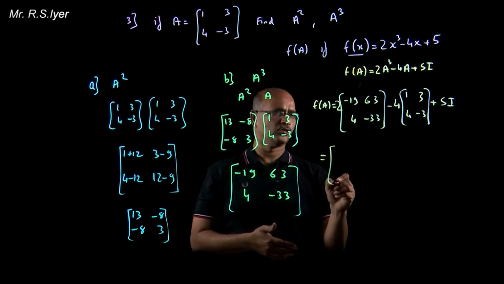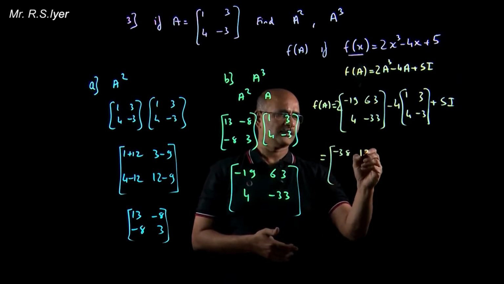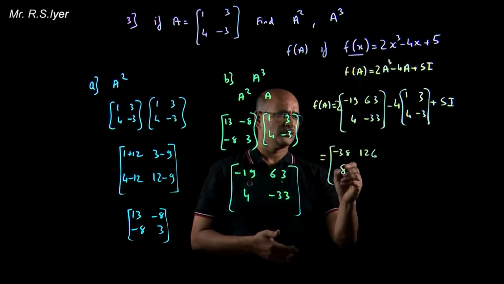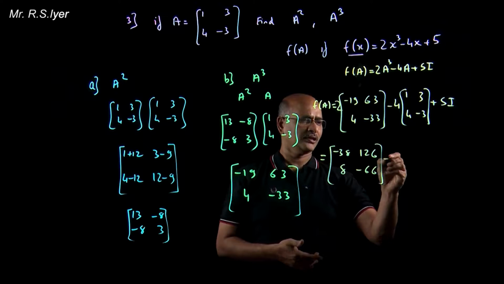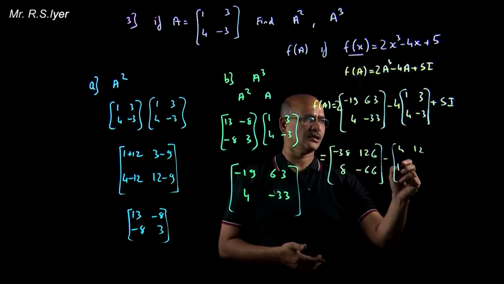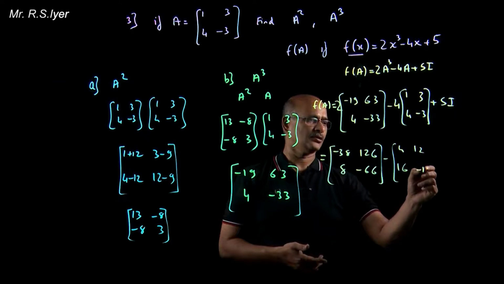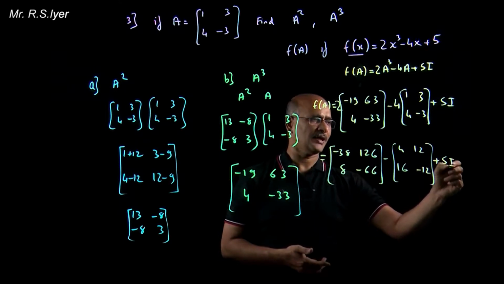So you know how to do this part. So minus 38, 126, 8, then minus 66. Take this minus sign outside only. 4 ones are 4, 4 threes are 12, 16 and minus 12, plus 5i. So plus 5i keep as it is.